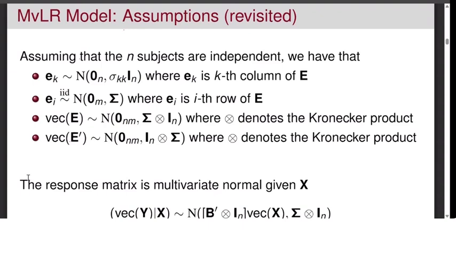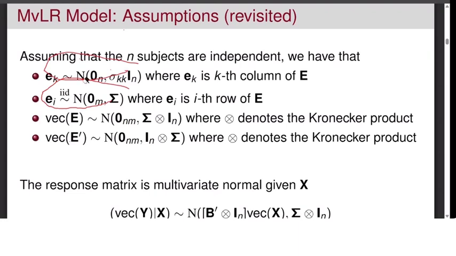Now, if you take a look at what I'm having now, this particular guy is talking about when I take error that has to do with a particular response. Okay, that error follows normal distribution. Now, if I want to talk about error in general, for the row, this is for the row, this is for the column. What am I talking about?